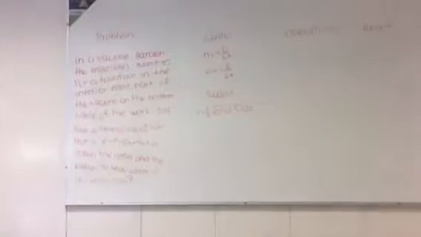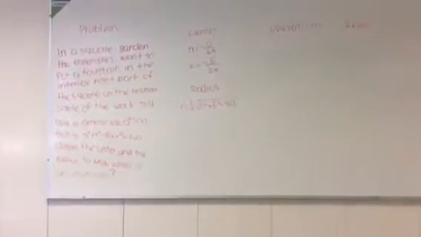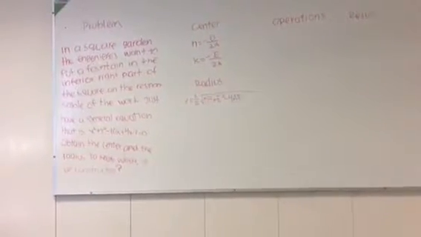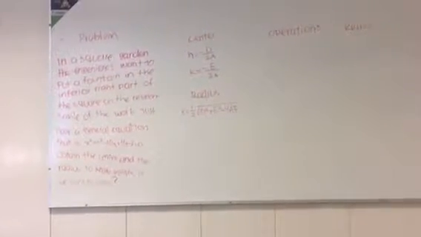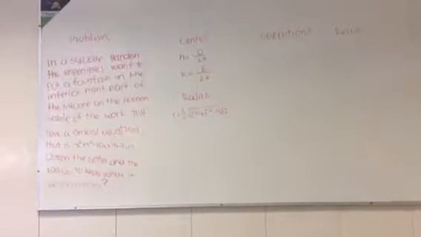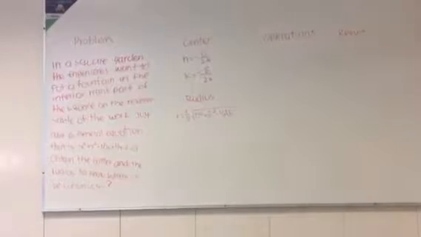Square garden: the engineers want to put a fountain in the inferior right part of the square, and the person responsible for the work just has a general equation that is x squared plus y squared minus 10x plus 4y minus 7 equals 0. Obtain the center and the radius to know where it will be constructed.